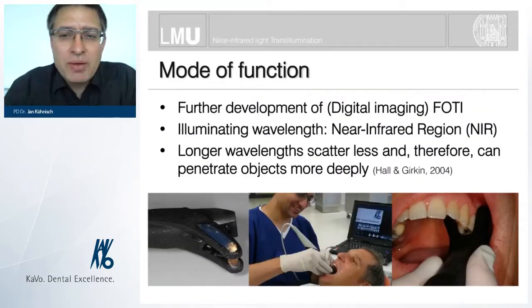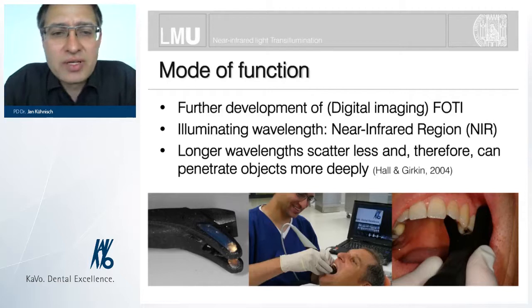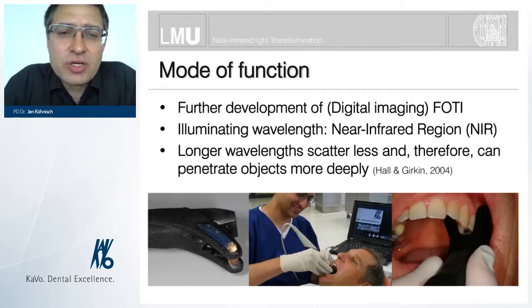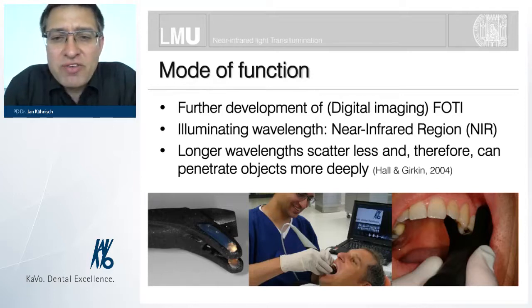Maybe before we go to the clinics, I will give you a short introduction about the mode of function. This device can be understood as a further development of the digital fiber optical transillumination, but there are some small changes, but also important changes. First of all, the wavelength changed from visible light to near-infrared light.